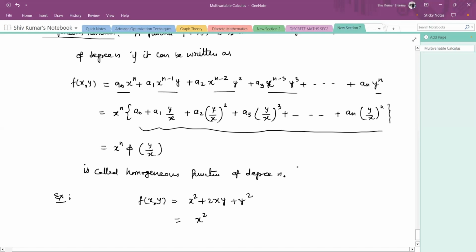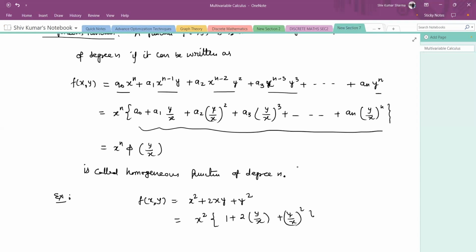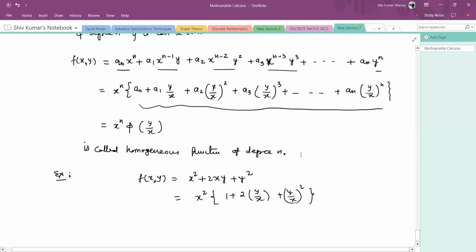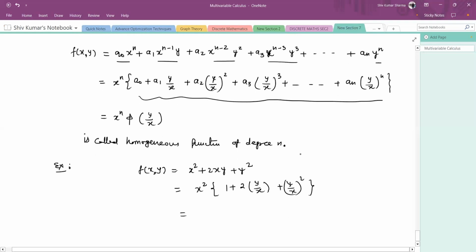We take x square as common. So we write this as 1 plus 2 into y upon x plus y upon x to the whole square. That means we can write this as x square into a function of y upon x.